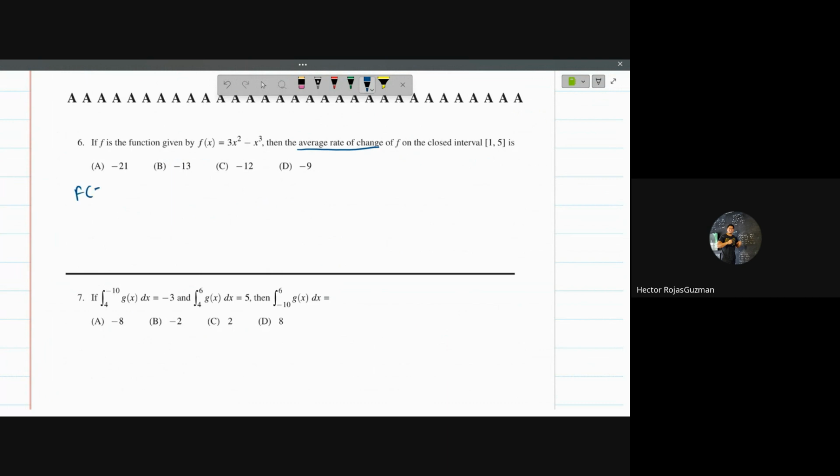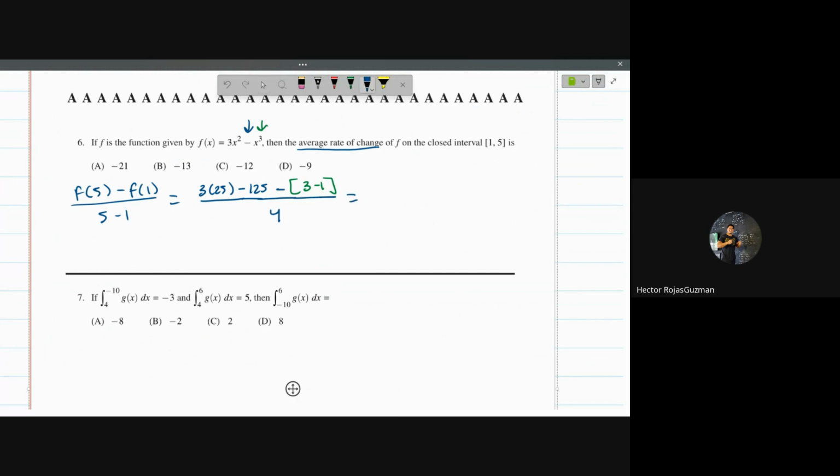So f of 5 minus f of 1 divided by 5 minus 1 is equal to, let's see if we can do this in our heads. If I plug the 5 into the function right here, I'm going to get 3 times 25 minus 125, minus, now I'm going to do a second one in green. So you're going to plug the 1 into your function: 3 minus 1, all over 4.